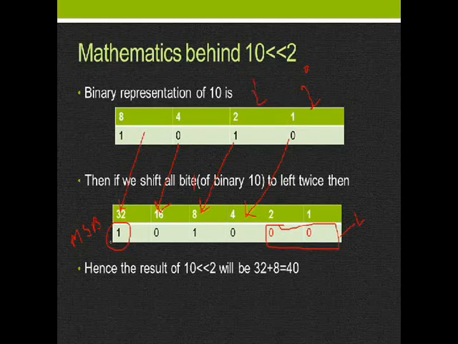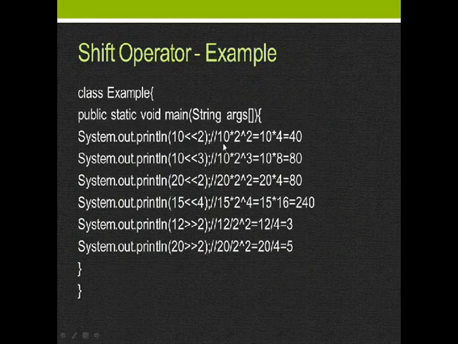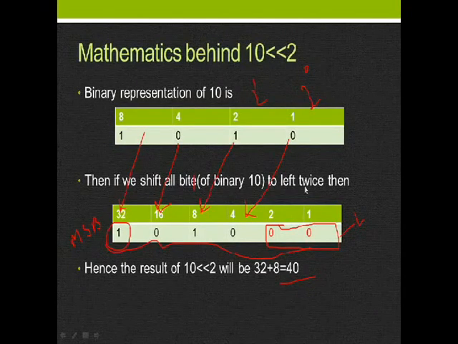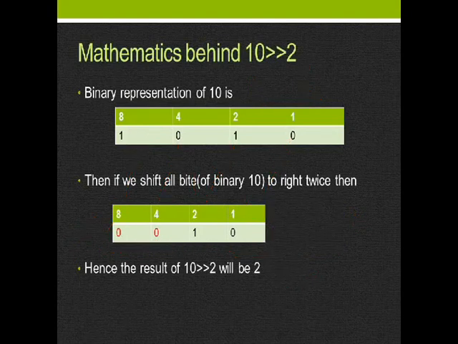Now let us see the value of this. This will be 32 plus 8 equal to 40. Now let us see the previous slide: 10 times 2 to the power 2 equals 10 times 4 equals 40. This is the concept of left shift. Similarly, let us see the right shift.